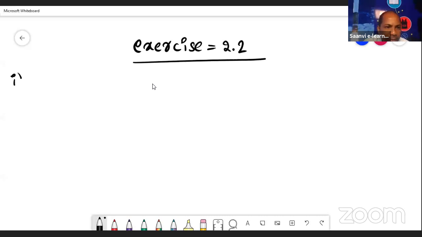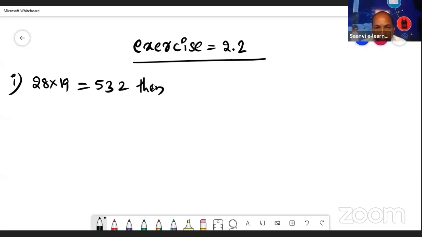The first question is given: 28 into 19 is equal to 532. Then it asks 19 into 28, how much?